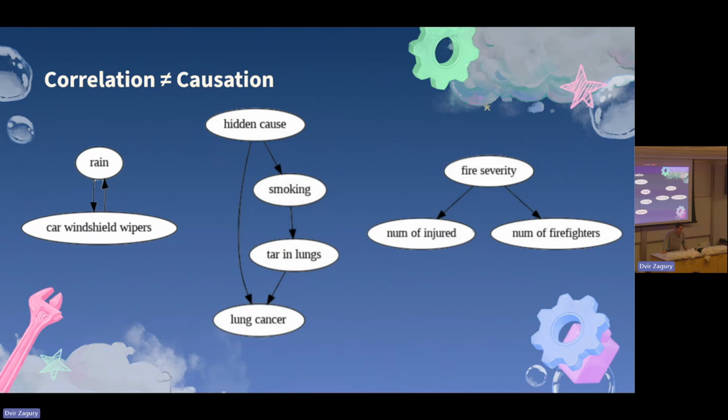Does that mean that if you want to reduce the severity of a fire, you should send fewer firefighters? It doesn't. It's exactly that reversal thing. And so that's an example of a common cause story, where if you're not really thinking about it enough, you can get to the wrong conclusions again.